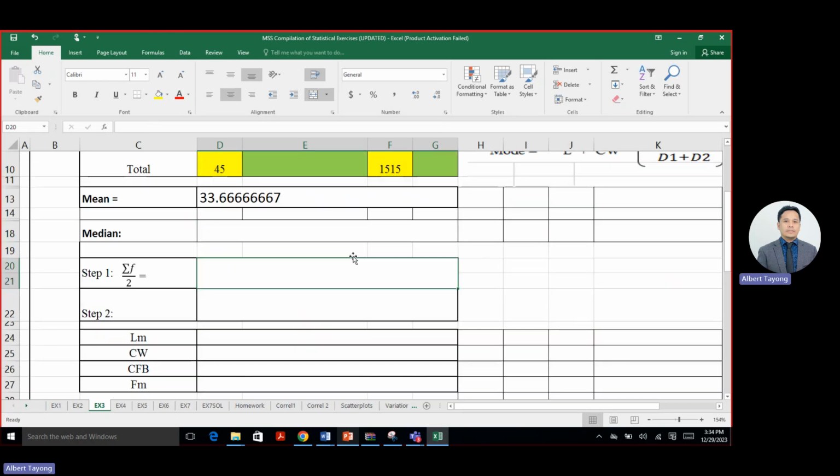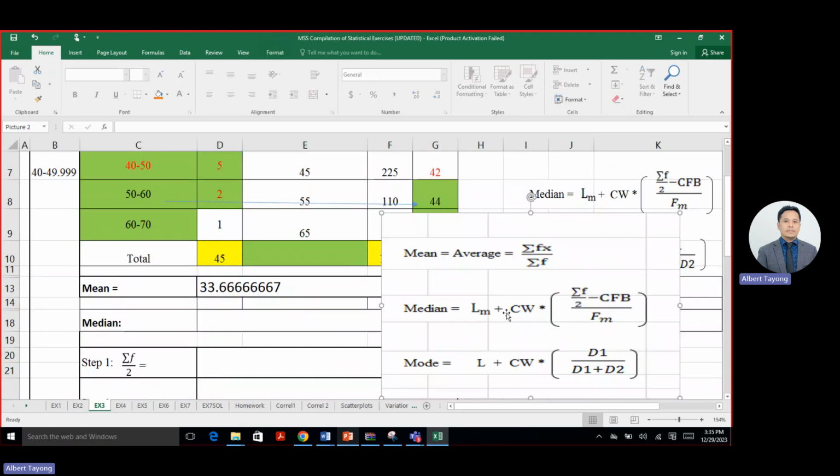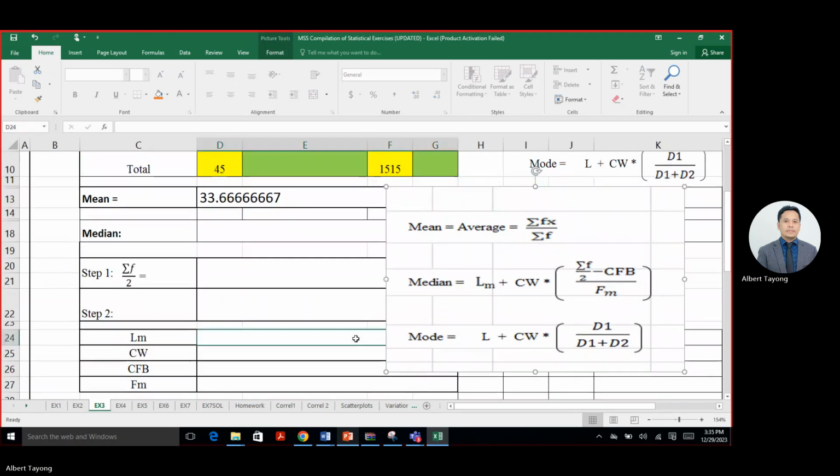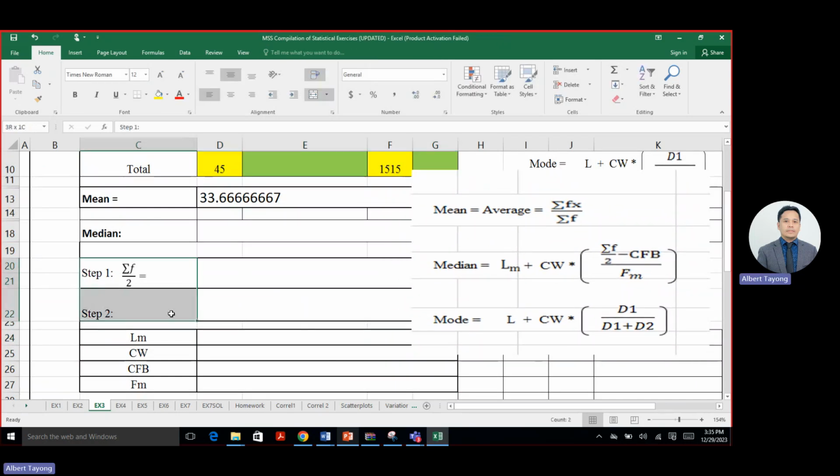Now let's go to the median. For the median, you have to follow the first two steps, so you can drag this formula down so we can see what we need. Then we can proceed with LMCW until FM. So the first step is the total of frequency over 2.